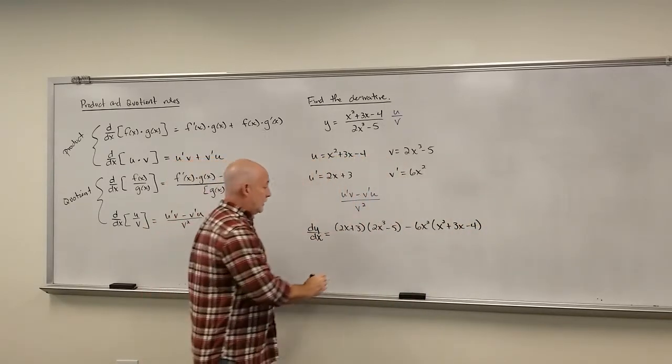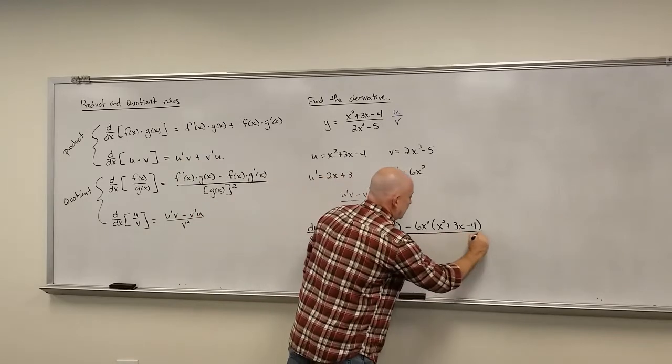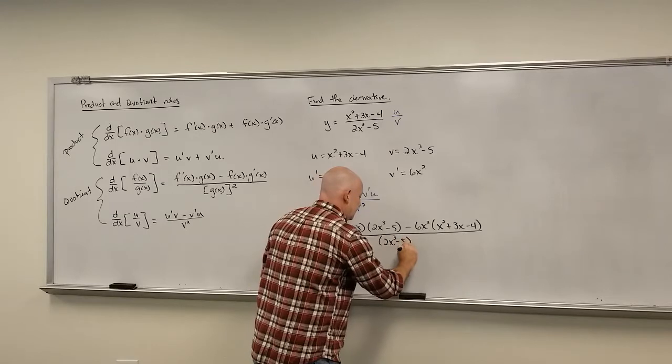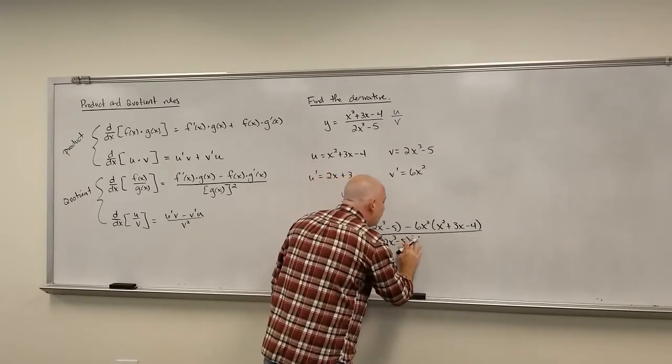All right, did I get that right? All right, all over, big giant mess, v, which was 2x cubed minus 5, squared.